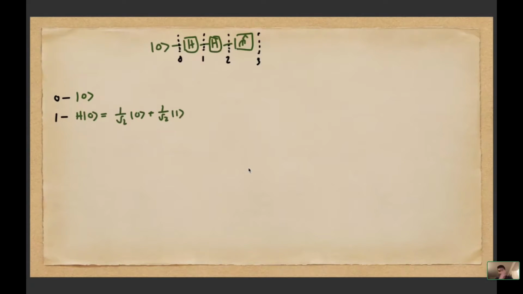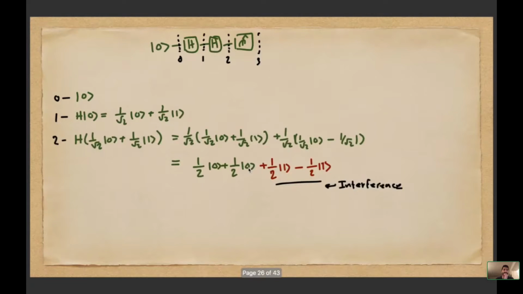Now you can expand this out, right? And I encourage you guys to do it by hand while I'm talking. You could expand it, so you get, instead of 0, a Hadamard 0, and instead of the 1, a Hadamard 1. You write those out, and you'll get something like this.